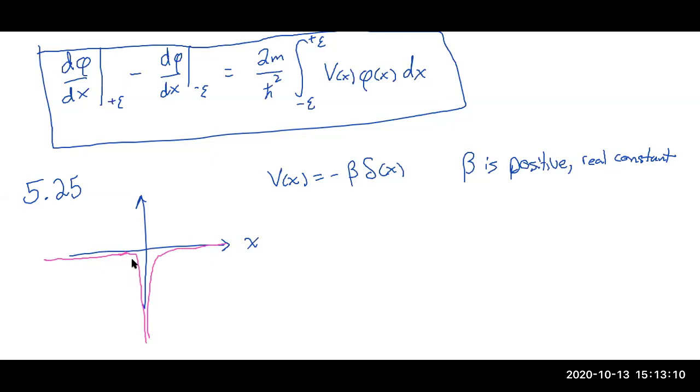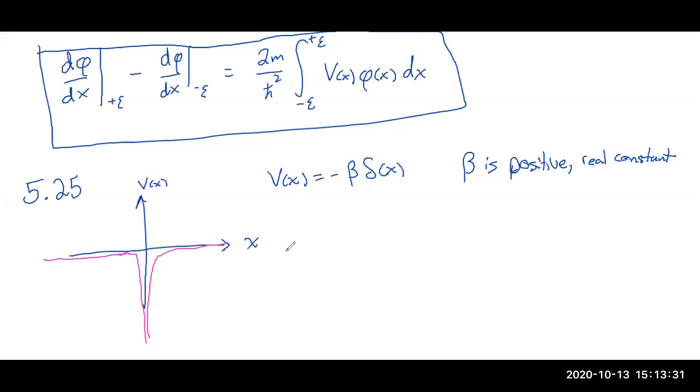But you can see that the potential goes down this way, and the Dirac delta function is defined so that it goes to infinity at x equals 0. And so this is v of x. But it also goes to infinity in such a way that when you integrate it, you get 1.